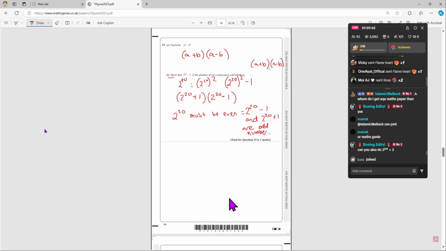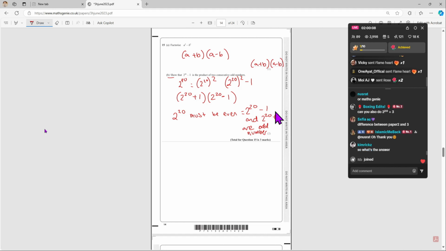Can you also do 2 to the power of 20 plus 3? I would just do minus 1 and plus 1, because you also have to prove that they are consecutive. The only way you can prove that is with minus 1 and plus 1, because they only have a difference of 2.